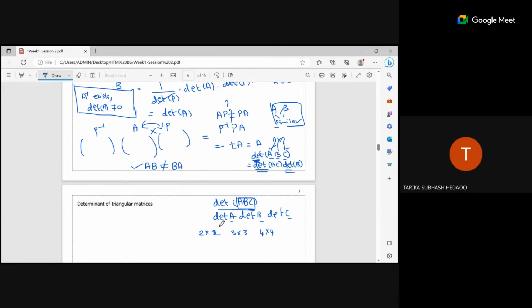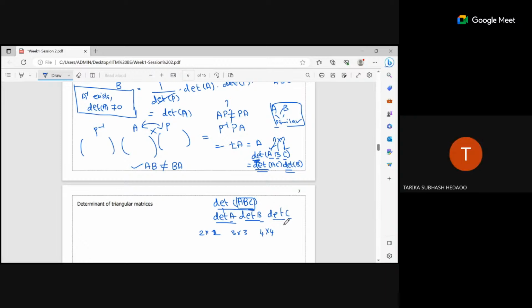So the first one cannot happen, but the second one can. The determinant of ABC is not possible, but the determinant of A into the determinant of B into the determinant of C can happen. They are just numbers you can multiply, but this property is not at all applicable in this case.